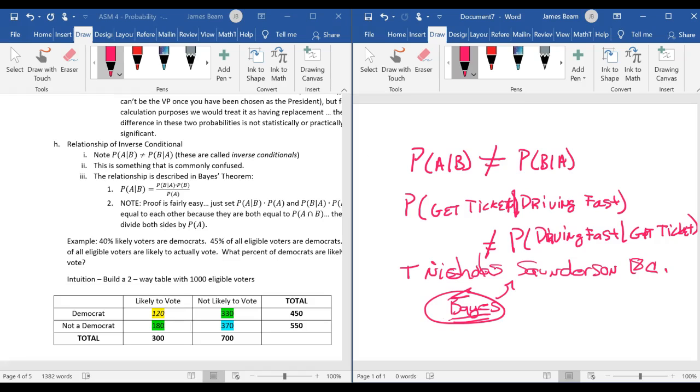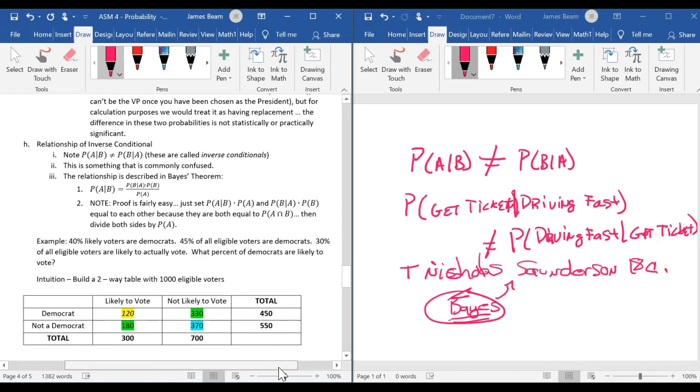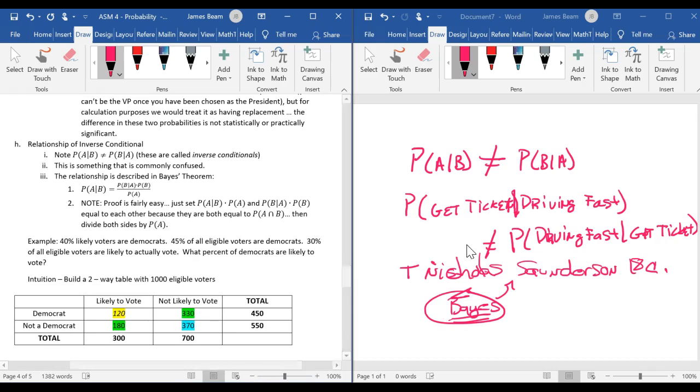We know this as Bayes' theorem, but Sanderson is the actual first person, and it's pretty well understood that Bayes read Sanderson's book. So there's your mathematical tidbit. Sanderson figured out the connection between these two things, and we call it Bayes' theorem.